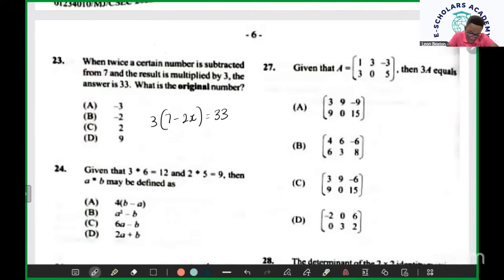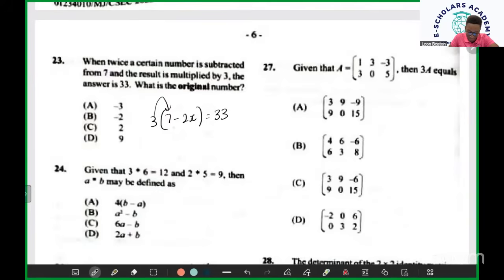So when twice a certain number is subtracted from 7, the result is multiplied by 3. I probably multiplied wrong.